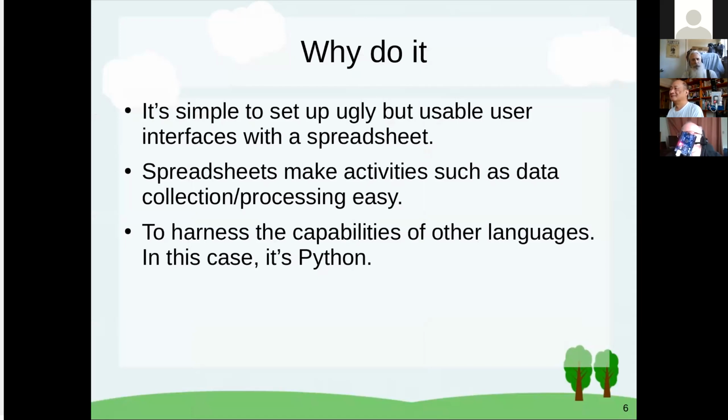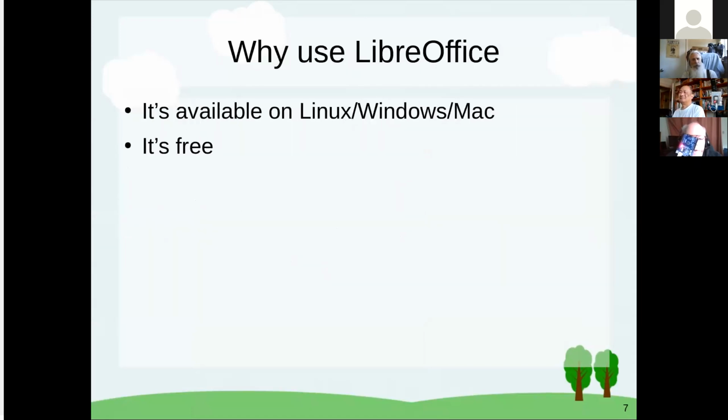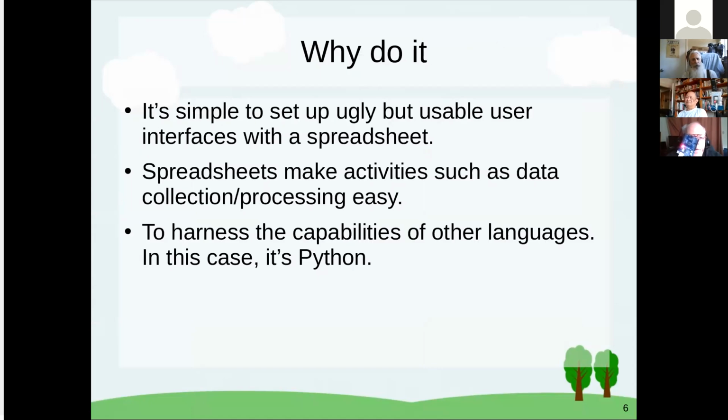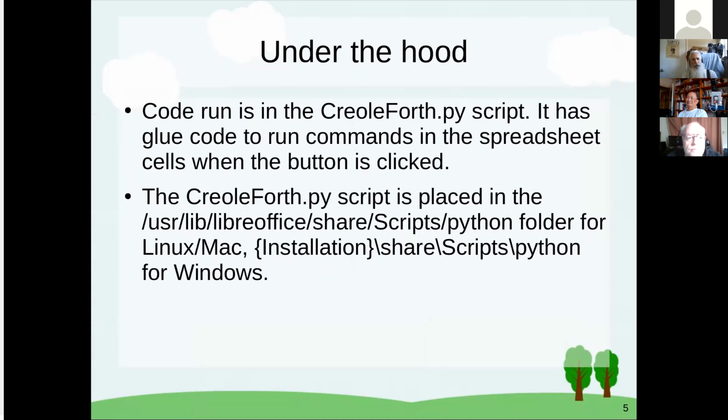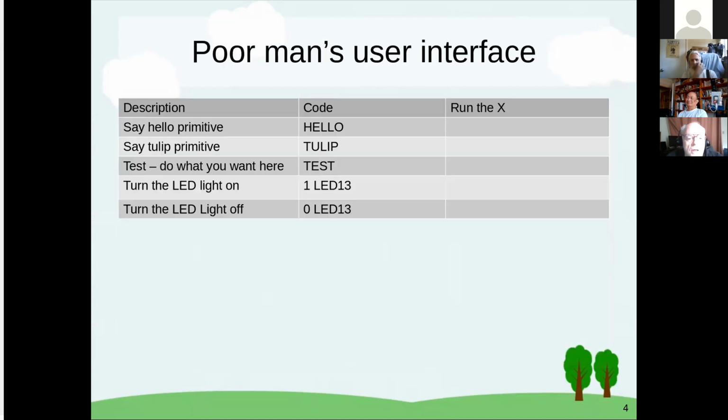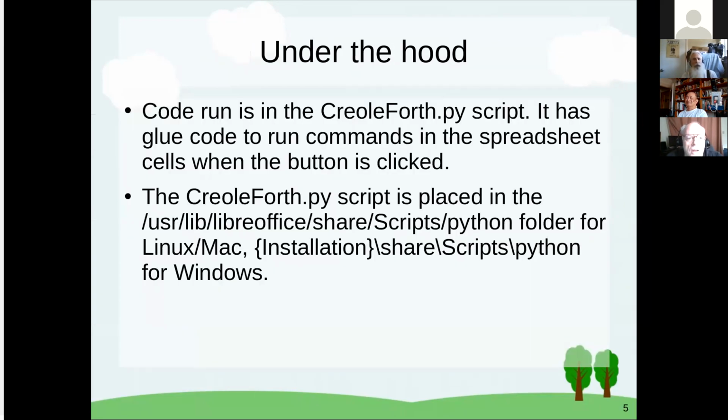Let me go over. Whoops, I want to go to the previous one. All right, under the hood, the code is run. It's in the Creo Forth Pi script. It has glue code to run commands in the spreadsheet cells when the button is clicked.